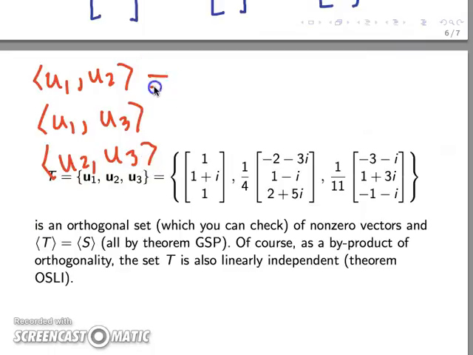What you will find is that by construction, these inner products are equal to 0, because that's precisely the idea that this set of vectors is an orthogonal set. And by the theorem we saw initially, that fact also implies that there is linear independence in this newly constructed set.